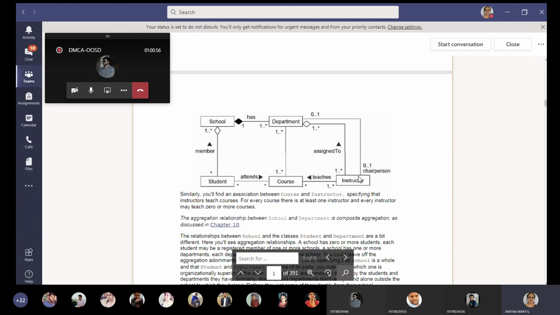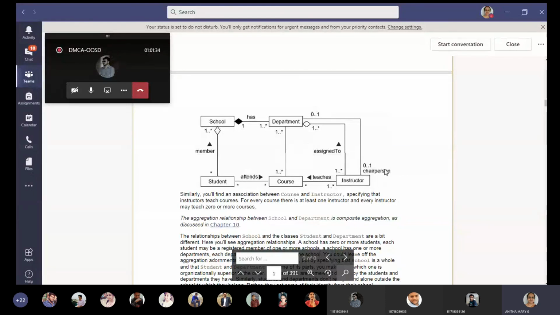Among all the department members, there will be a HOD. Here they are saying chairperson. HOD, chairperson, it's the same. So here chairperson is 0 or 1. Instructors, 0 or 1, will be the chairperson for 0 or 1 department. If there are no instructors, there is no department, so 0 cardinality. If there is only one person in a department, that person will be the head.